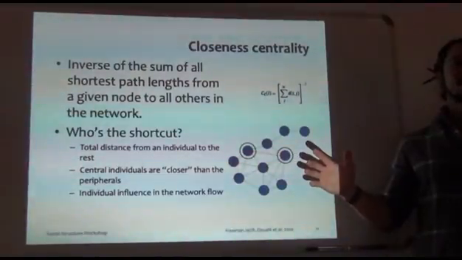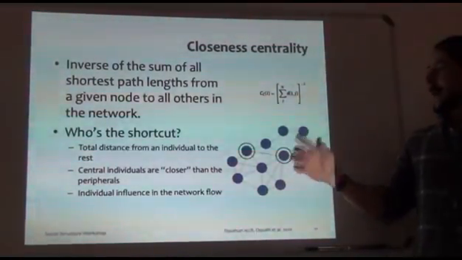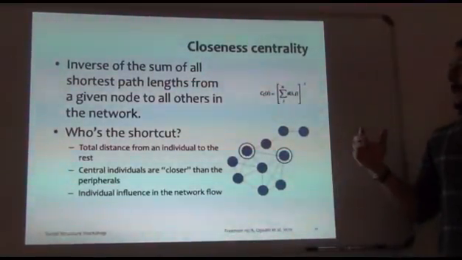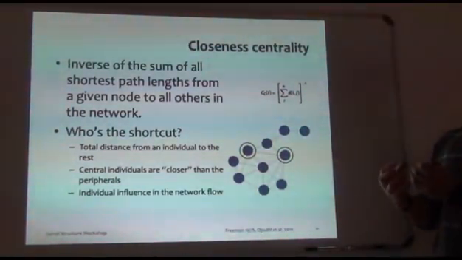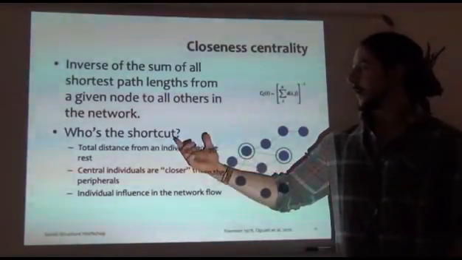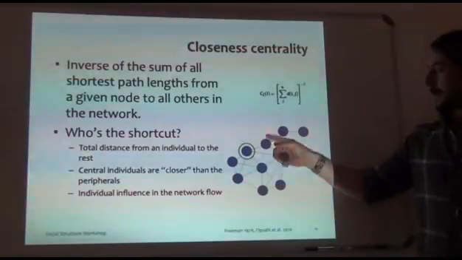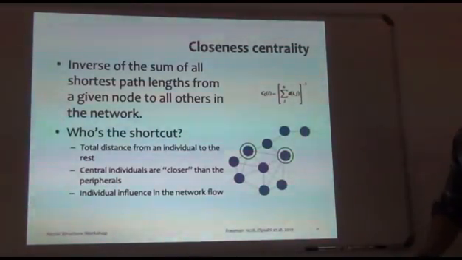It's a relative measure of a given individual to everybody else in the network. We're trying to see how central this individual is, how much of a shortcut this guy is in terms of paths.